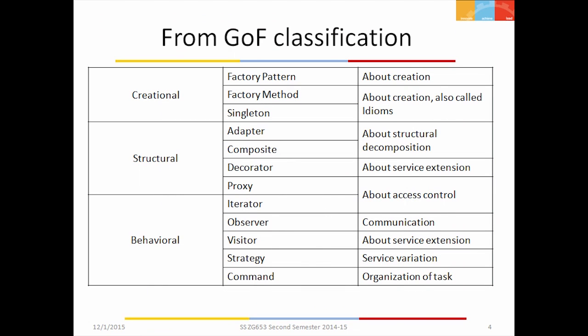Now these patterns that we just saw can be broadly categorized into three buckets: creational, structural, and behavioral. And our lecture series would be organized in this manner. We will first cover creational patterns, then structural patterns, then behavioral patterns.